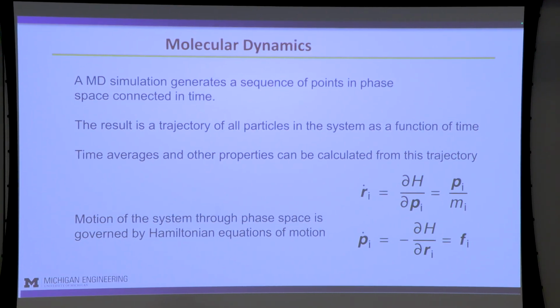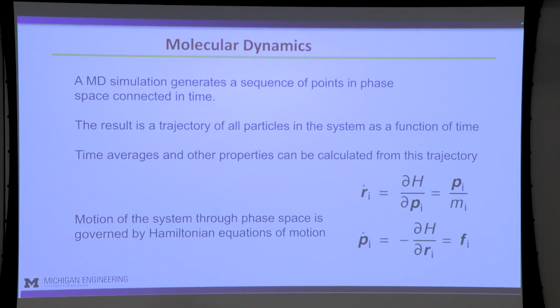So you have a trajectory of those particles, right? And so time average, another property, can be calculated through those mainly two equations. So the motion of a system through phase space is governed by the Hamiltonian. Here, equation of motion. You saw yesterday also the Hamiltonian in the Schrödinger equation, if you remember.